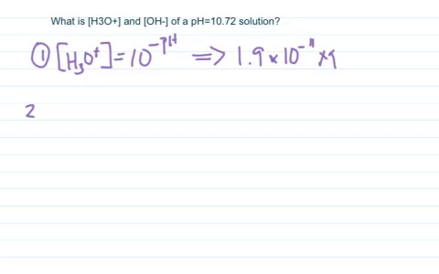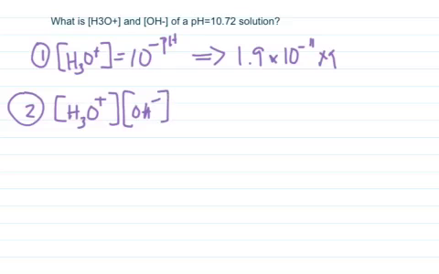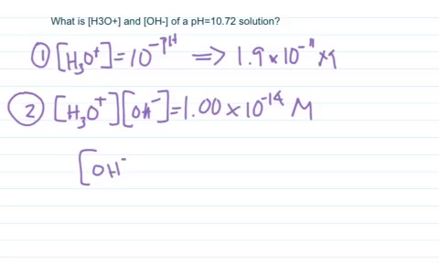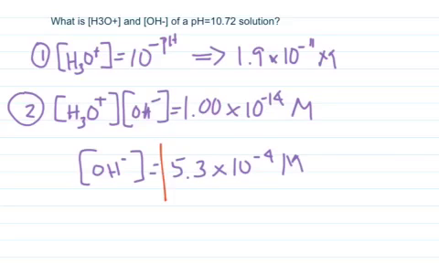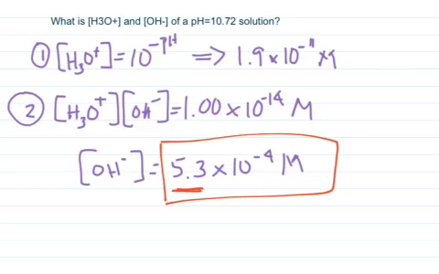We're going to be using the equation H3O plus times OH minus is equal to 1.00 times 10 to the minus 14th molar, and we get hydroxide is equal to 5.3 times 10 to the minus 4 molar. And again, it's going to be two significant figures.